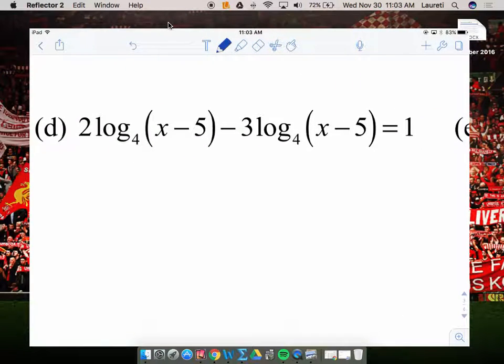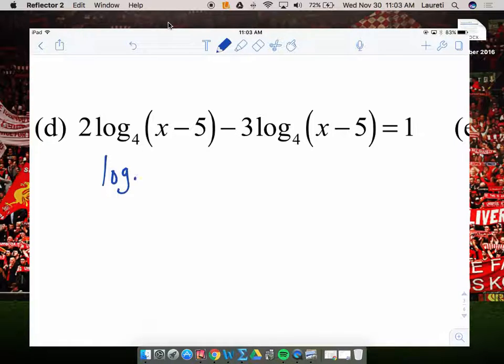All right, again, here, you're trying to use your properties so you can condense down, right? So I see that I have coefficients out front. What can I do with them? Make them exponents, right, good.